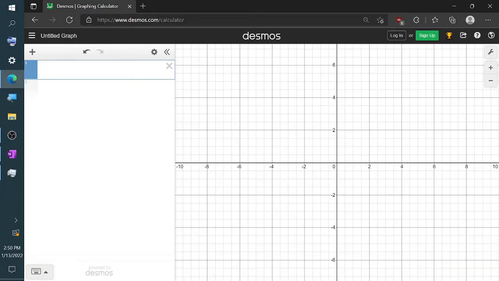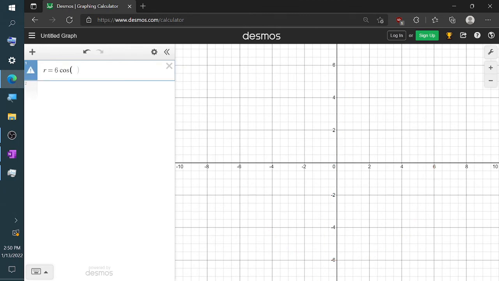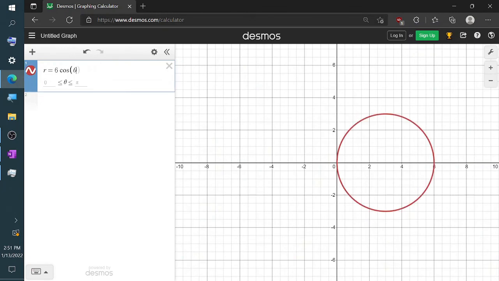So Desmos is usually pretty good about graphing polar equations. When graphing polar equations, be careful. You need to use the actual letters r and theta if you want to get the true graph. So r would be equal to 6, cosine of, and then I'm going to just type in the word theta.